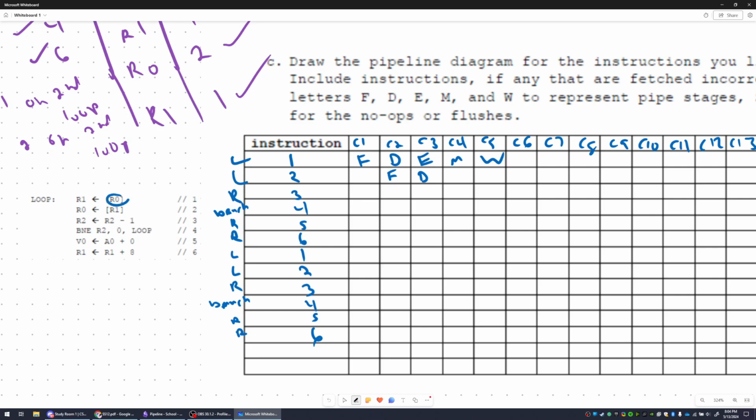But yeah, sorry. So to know this value, because there's a dependency, we have to wait for this to bring the data and then put it onto register one. And that will happen during the write back stage, but we can get the data right after the mem stage. That's one of the data forwarding things that he mentioned.